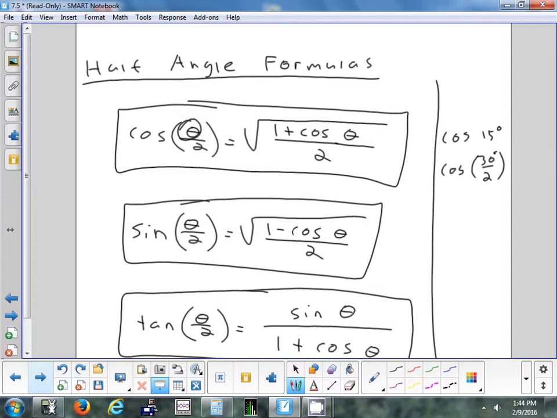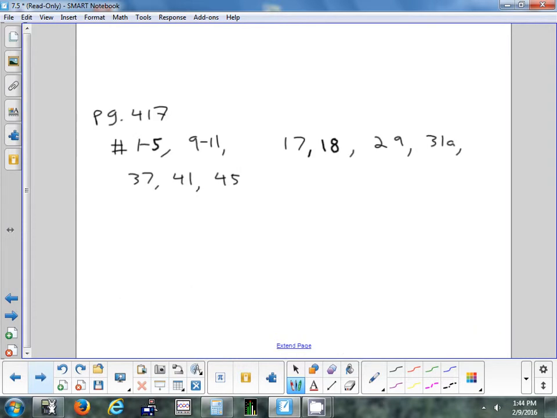Great. So that's it for identities. There are no new identities we're going to learn in the rest of this chapter. Tomorrow, we'll practice a little bit more with algebra. But I'm going to give you guys the last 10 minutes or so, 8 minutes, to start the homework. The homework is on 417.